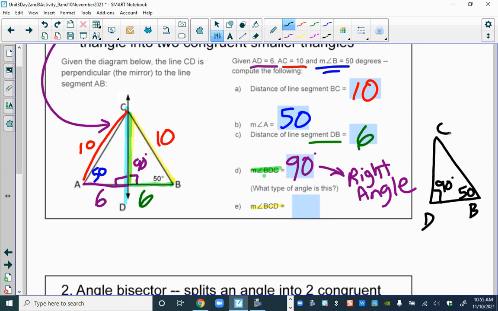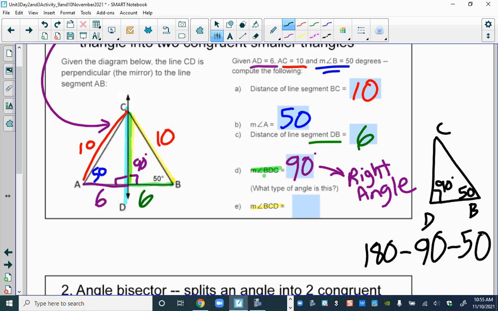So basically, it's 180 minus 90 minus another 50. If we take away 90, then 50 more, how many degrees have we left for that triangle?